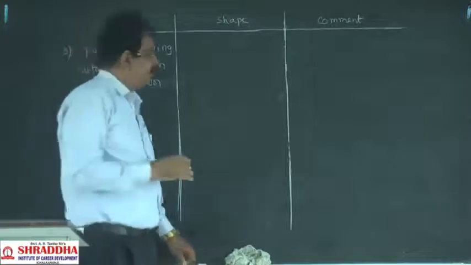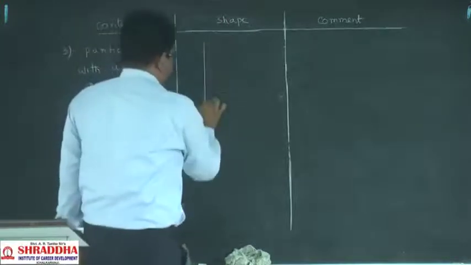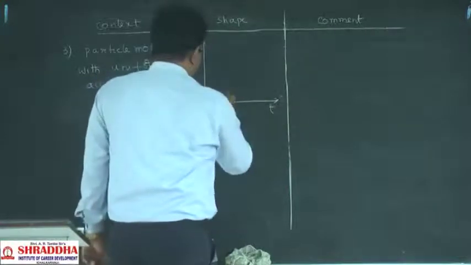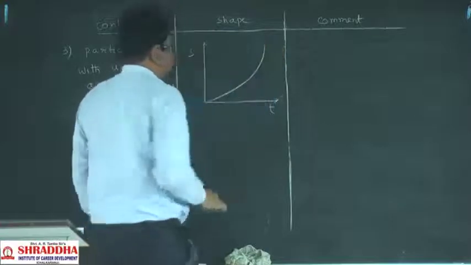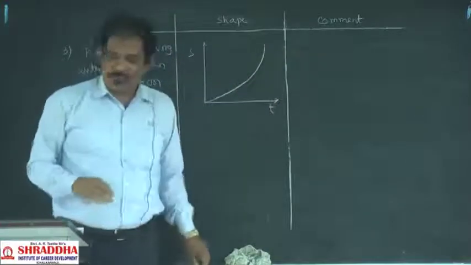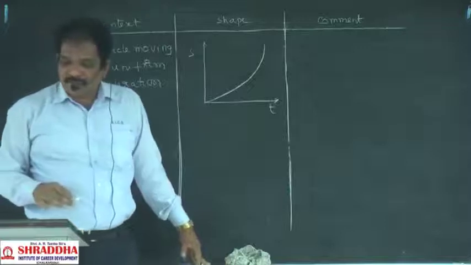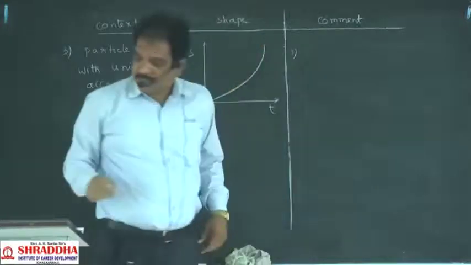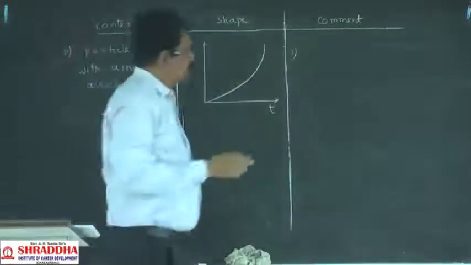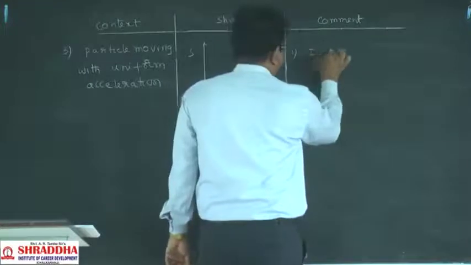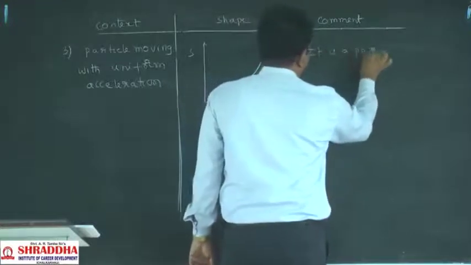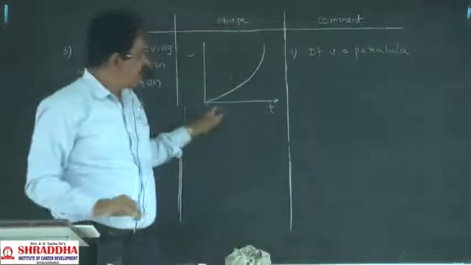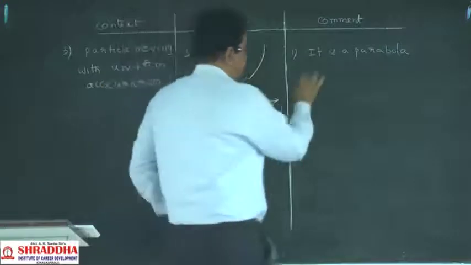How the shape of displacement time graph will be there? Okay. Graph shape will be like this. So what it is representing? So it is a parabola. What is the shape of the graph? It is a parabola with increasing slope.